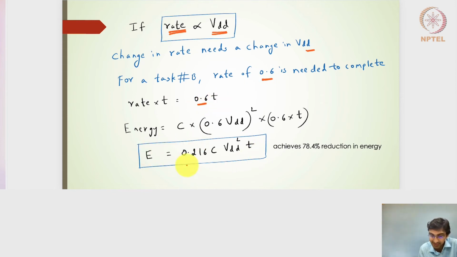So my overall energy in this particular case, for this overall duration of 10 seconds, if I can maintain a rail voltage of 0.6 VDD, I'll get an energy of 0.216 C VDD square multiplied by t, which will give me a 78.4% reduction in the energy compared to C VDD square into T, if I was actually doing task B with a rate of 1 up till 10 seconds.